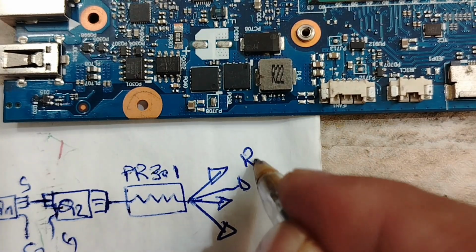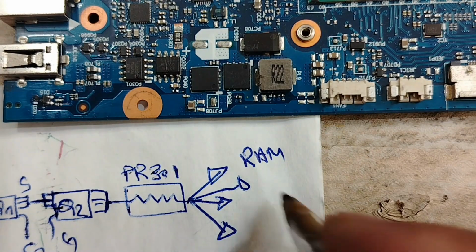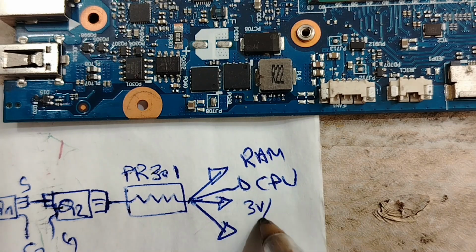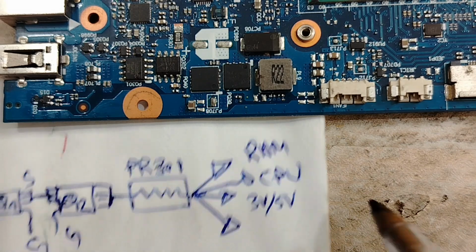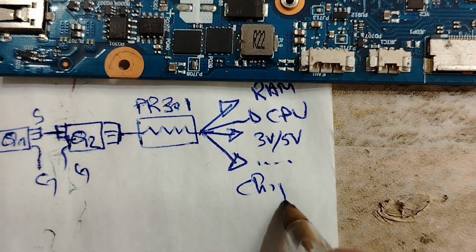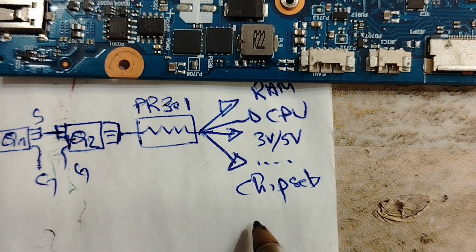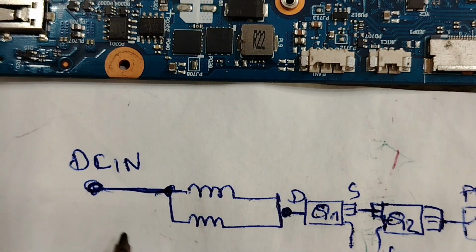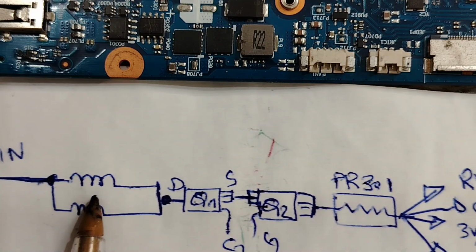including the RAM circuit, CPU circuit, 3 volt, 5 volt circuit, and other circuits like for chipsets, for GFX, VCC, etc. This is, guys, exactly what we have in the motherboard.